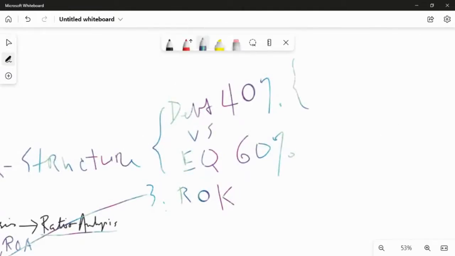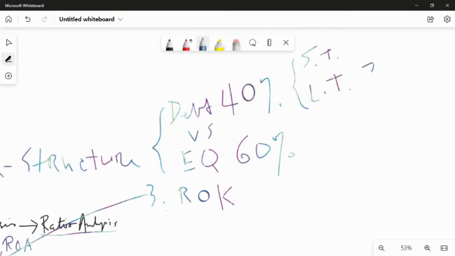But in the debt, we all know there are current liabilities or short-term debt and long-term debt, right?